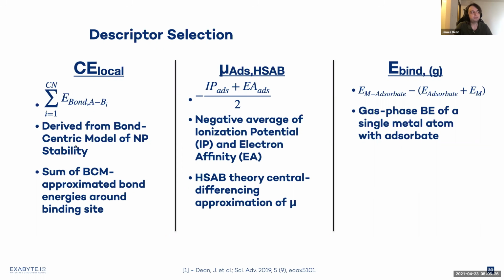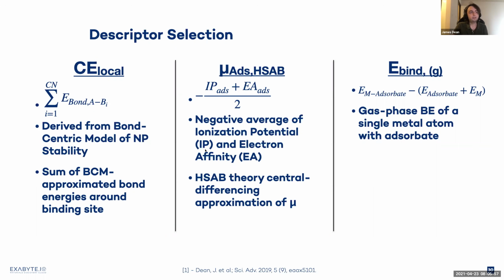So for a metal atom in the nanoparticle, imagine cutting every bond that's connecting that metal atom to the nanoparticle, and then adding up all of those bond energies that we broke by approximating them with the bond-centric model. In principle, this gives us a descriptor of the relative stability of the binding site.